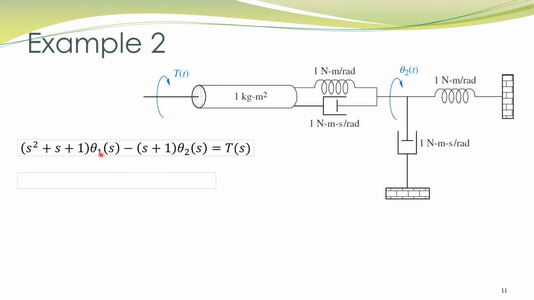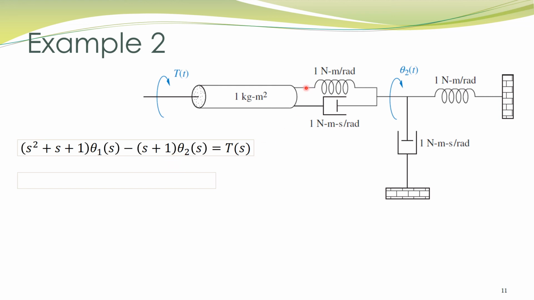Theta 1 multiplied by the sum of the impedances connected with theta 1. So the impedance of this object, that is 1 multiplied by s square, is connected with this displacement theta 1. Impedance of this viscous damper is connected with this displacement theta 1. Impedance of this spring is connected with this displacement theta 1. So s squared plus the impedance of the damper plus the impedance of the spring, minus theta 2(s) multiplied by the impedances which are connected to both displacements theta 1 and theta 2.